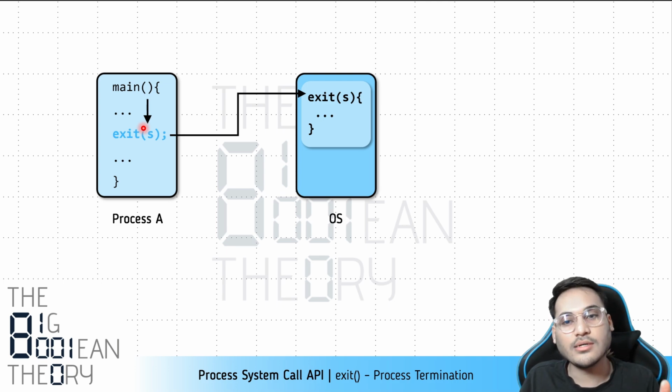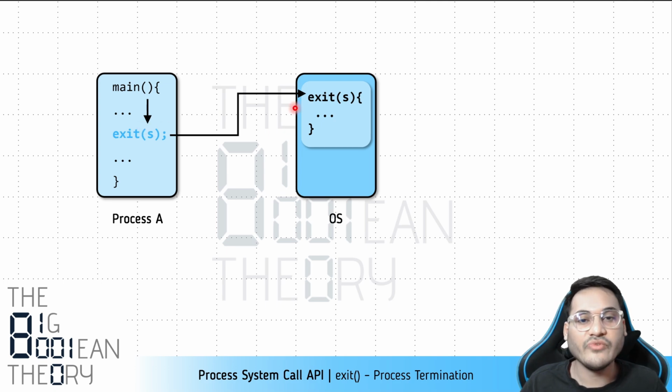But this is just an agreed upon convention, not something you have to follow. You can pass any integer value. Even if it is successful, you can pass some non-zero value, but then it won't make sense. So we have an agreed upon convention that if you are exiting successfully, then you pass zero. In that way, other processes will have a way to know whether the process that is exiting was successful or not, right? So that was about the status value.